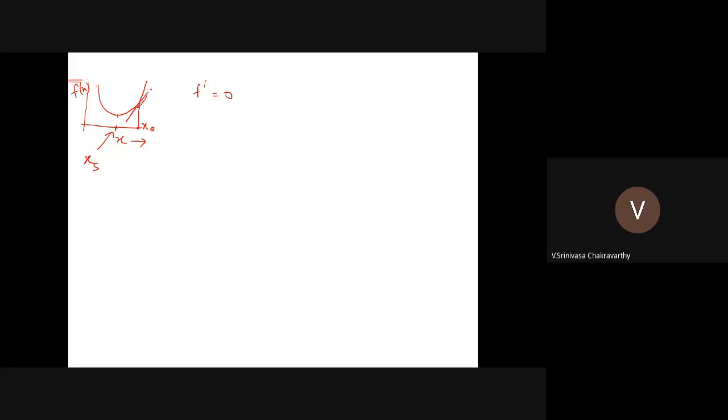Since the slope of the tangent here is positive, you end up going to the left, that is, x naught is decreased. Whereas if your initial point is on this side, the slope of the tangent is negative, so you end up going to the right side. So if the slope of the tangent is positive, you decrease x. If it is negative, you increase x. If the slope is 0, don't change.